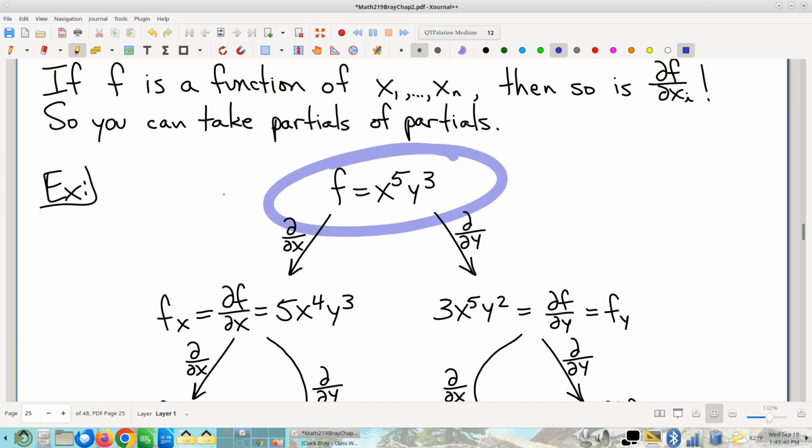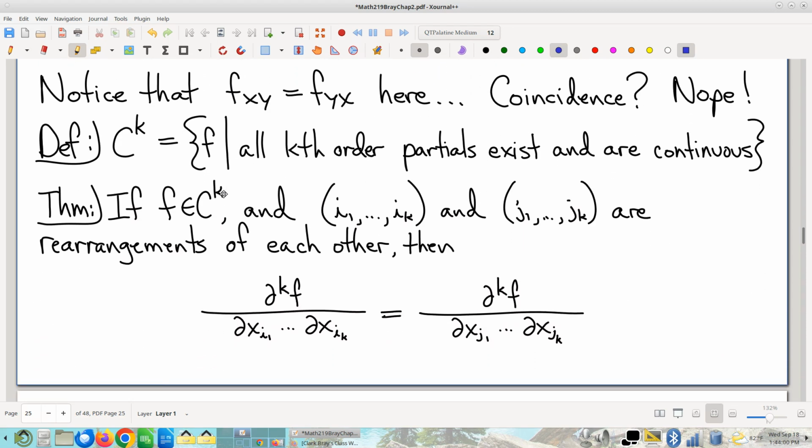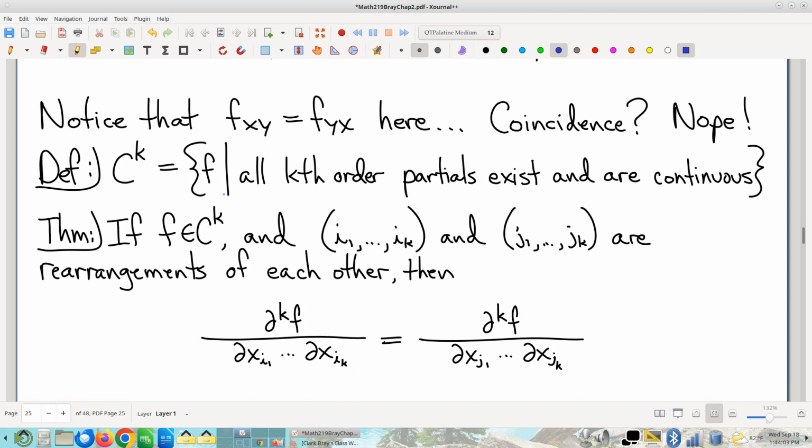If you think about it, when you take the partials of a polynomial, it's still a polynomial. And so all of the higher order partials will, of course, be polynomials, and those are all continuous. And so we can confirm this condition that all the kth order partials exist and are continuous, even if we don't compute any of them, just because we notice something really nice about the form of the function.